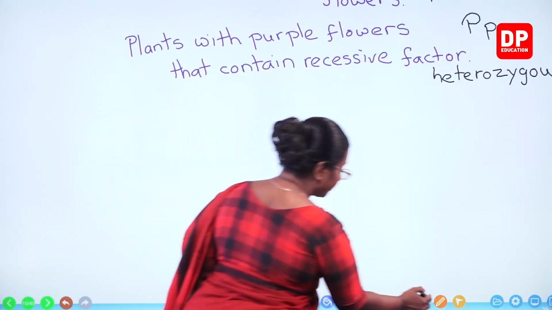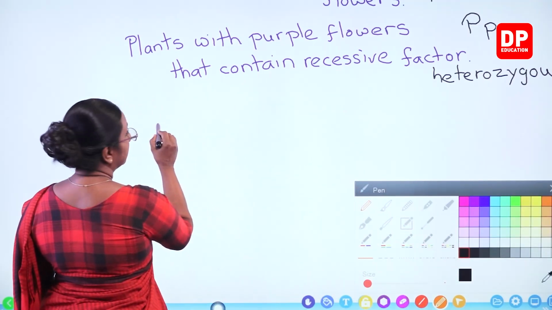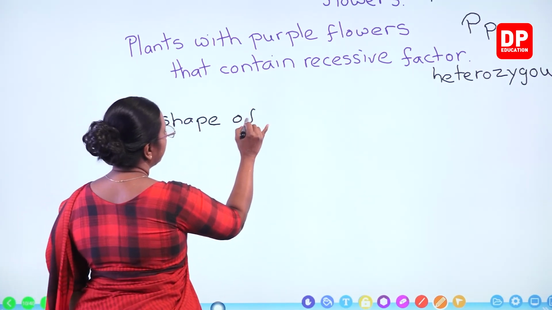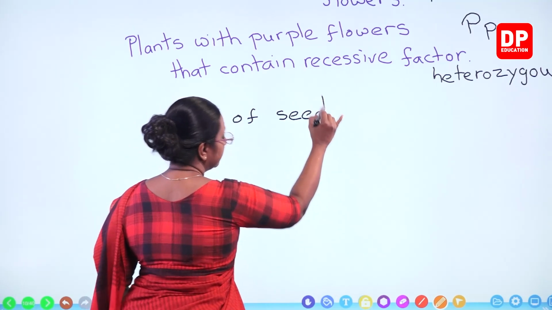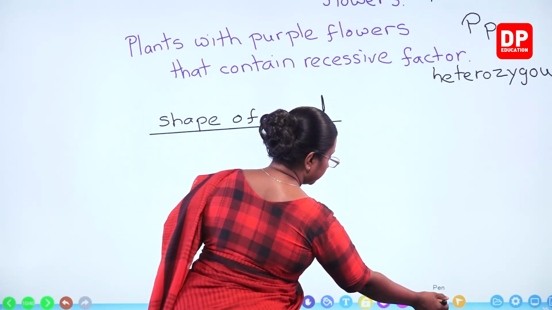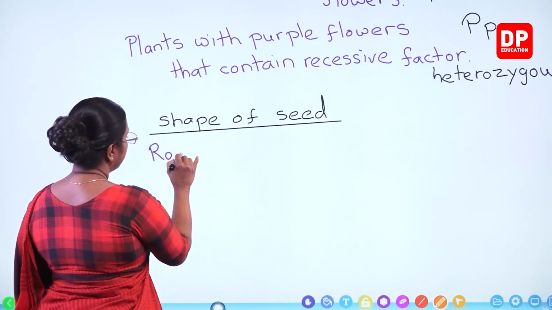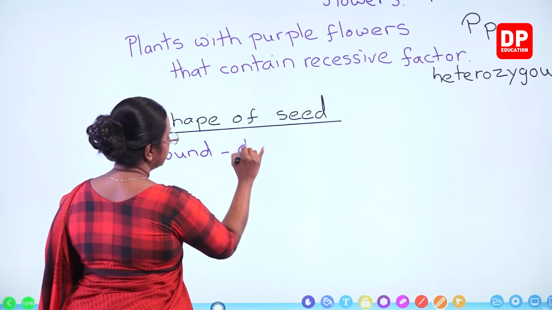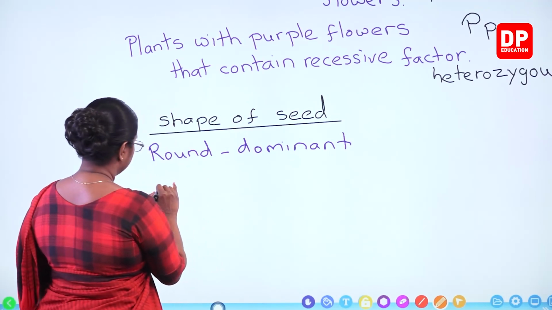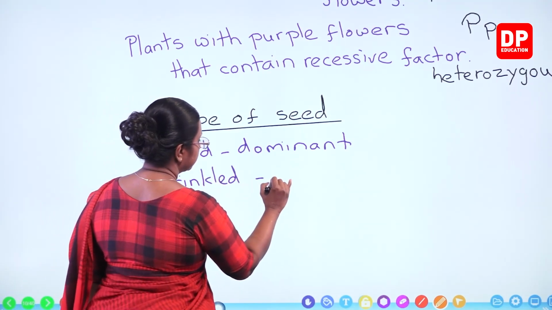If we do the next one. Shape of seed. Round is dominant. Wrinkled is recessive.